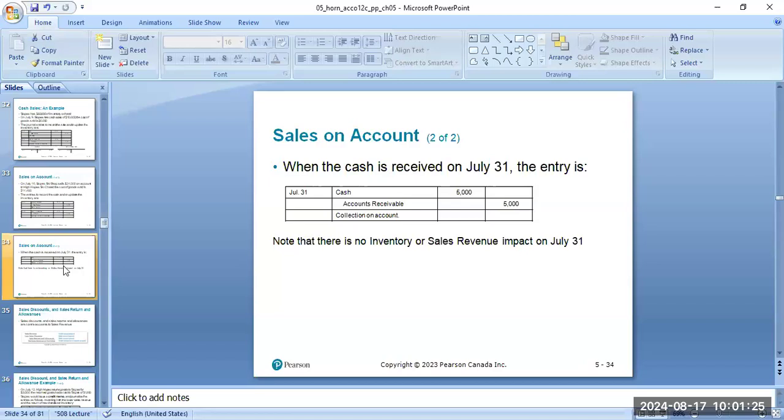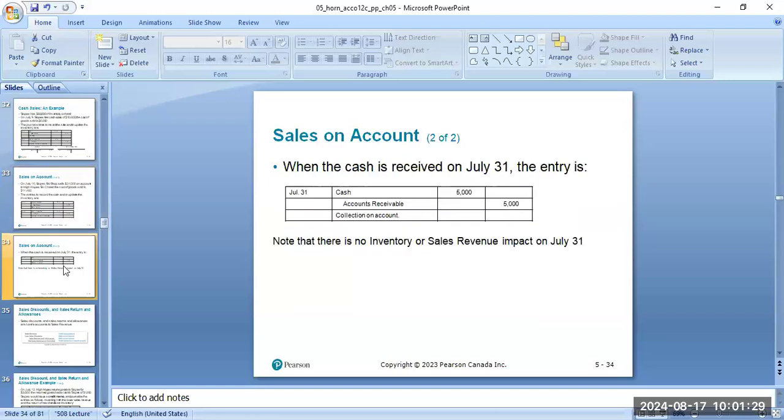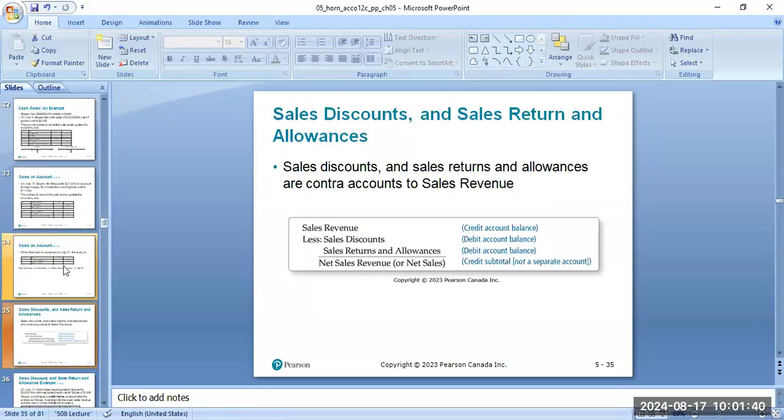So instead of needing to collect 24, now we need to collect only 19,000. Why? Because on July 31st, we collected 5 of those 24,000. Later on, the customer may have some sales return, or we can give them a sales allowance, or we can give them something else.